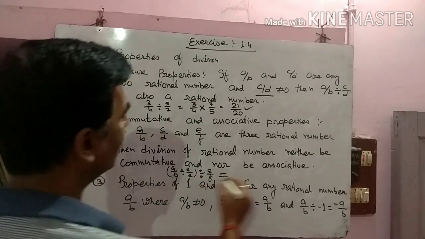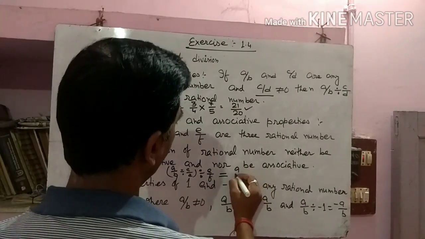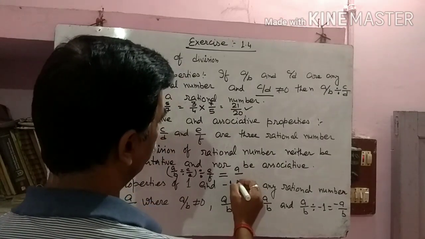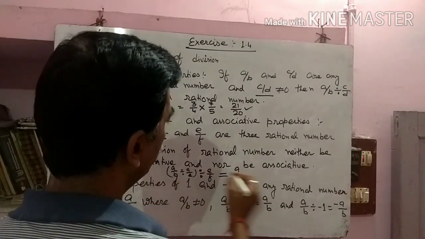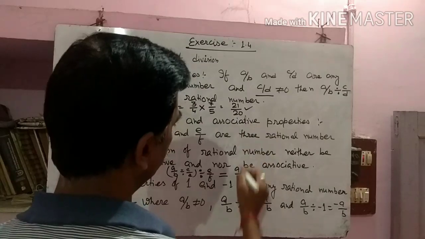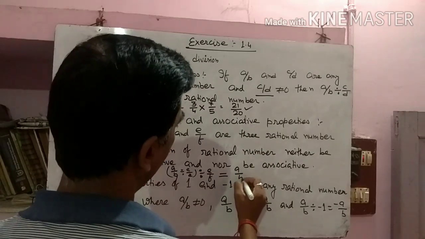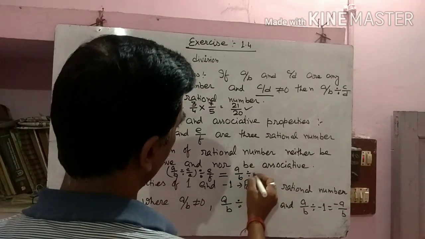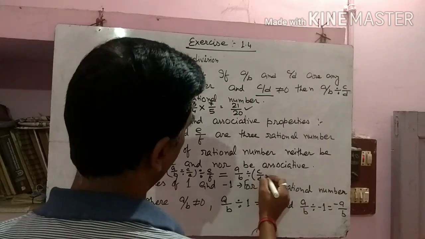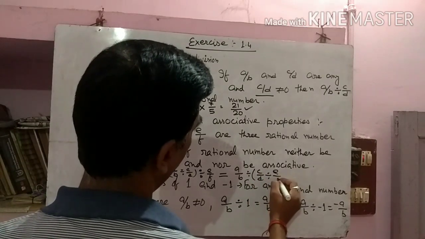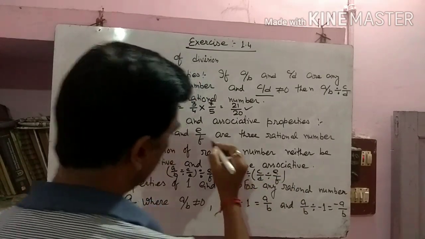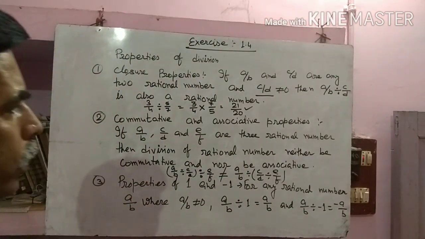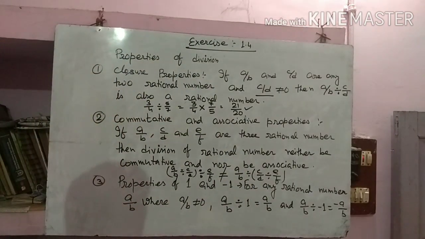As you saw in the commutative and associative properties of addition, with a by b, c by d, e by f, this can't be equal.